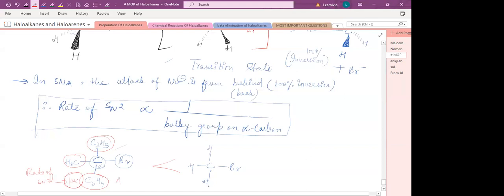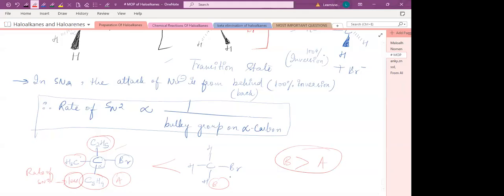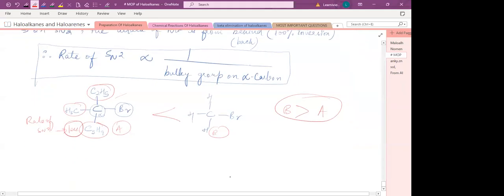If I say A or B, B will have a faster rate of reaction than A. So just remember, the rate of SN2 reaction is inversely proportional to the bulky group. If a heavy bulky group is attached, the rate of reaction will be slow.